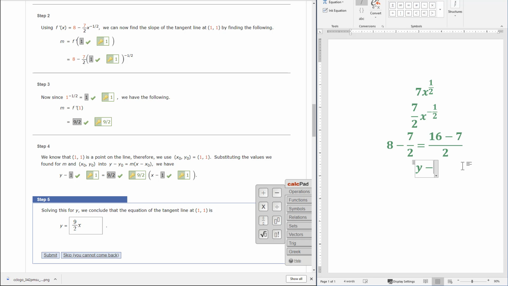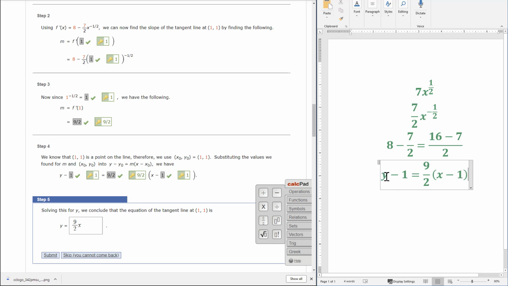We have y minus 1 is equal to 9/2 times (x minus 1), and so when you distribute, this becomes 9/2 x minus 9/2, and then we have to add 1 to both sides. Let's copy this whole thing again. Add 1 to both sides, that would make this disappear, and then we add 1 here.